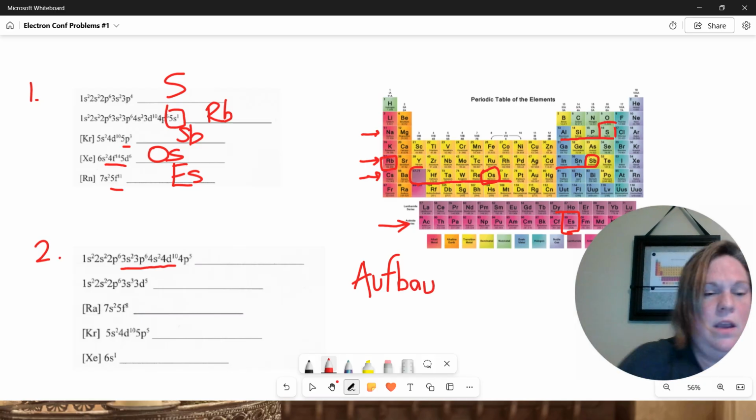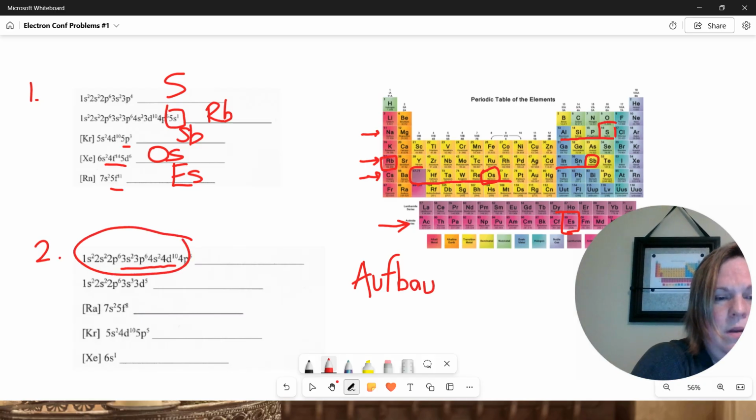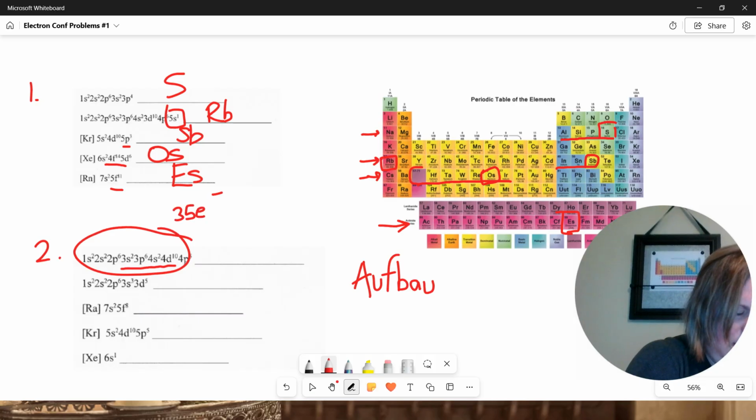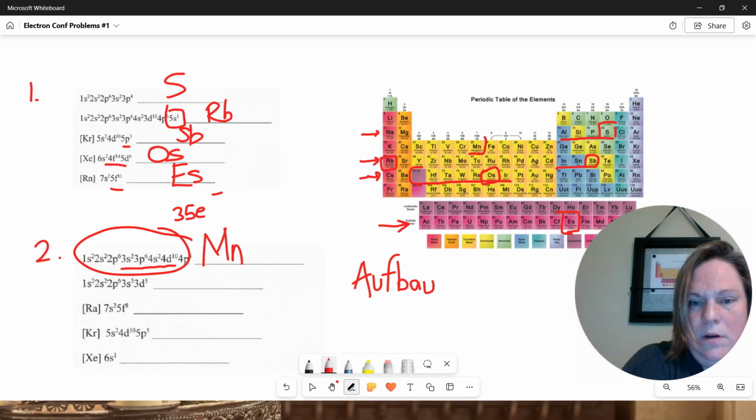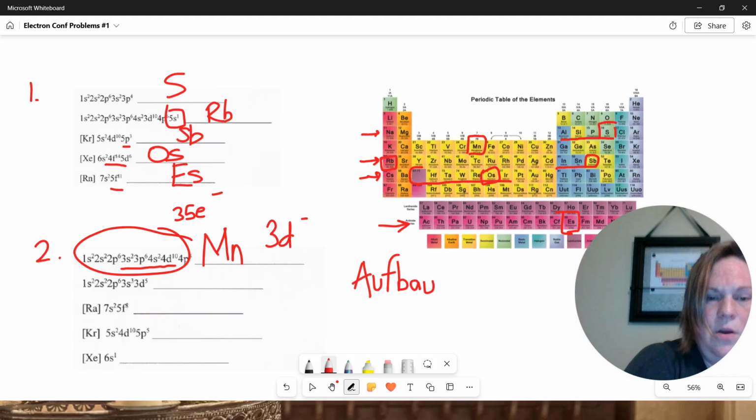If I count up the electrons, there are 35 electrons. This should give me manganese, and manganese should land on 3d5. So this first one is not correct.